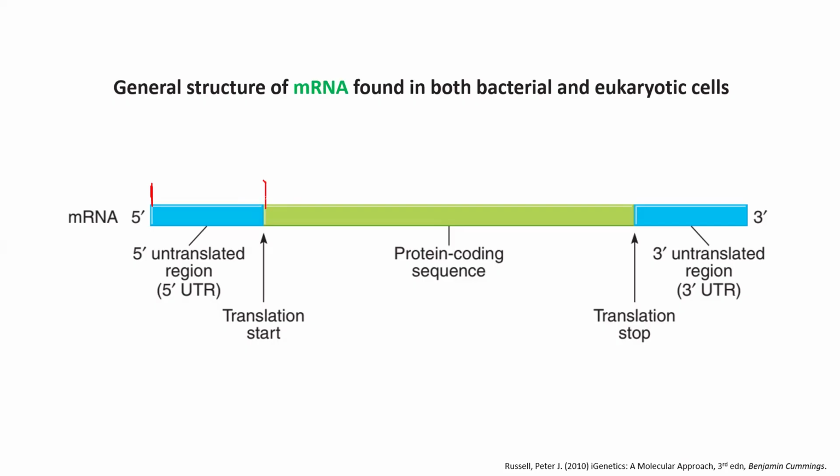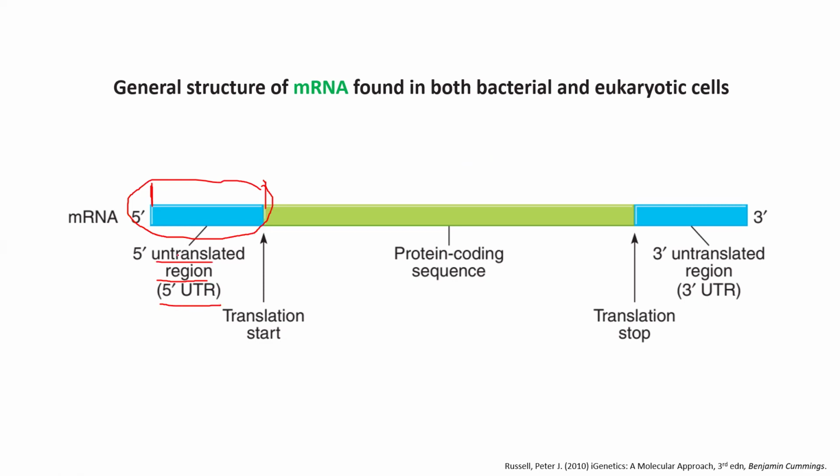Because in both bacteria and eukaryotes, there is a region in the mRNA at the 5' end called the untranslated region. This region does not get translated into the protein. This is the 5' untranslated region, abbreviated as 5' UTR.